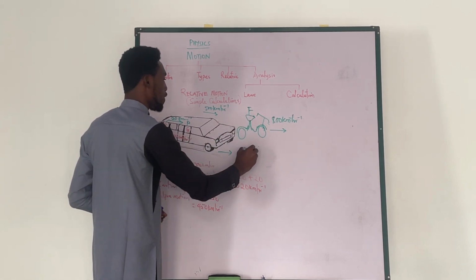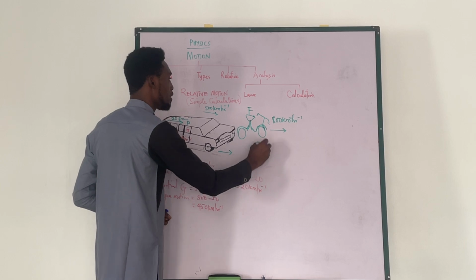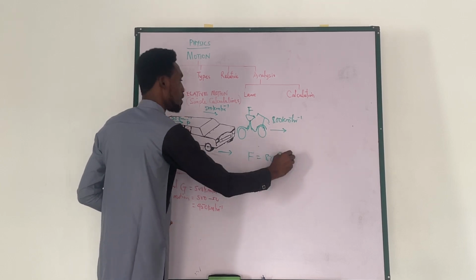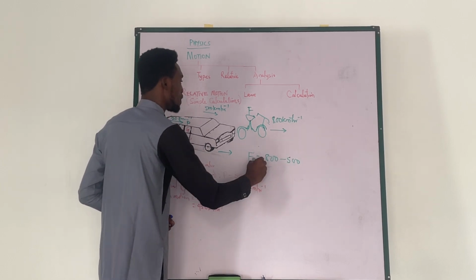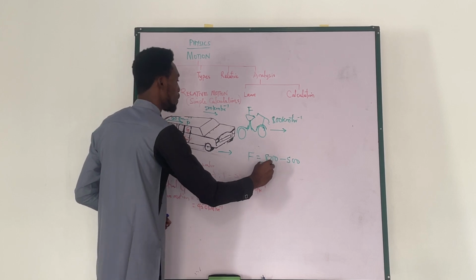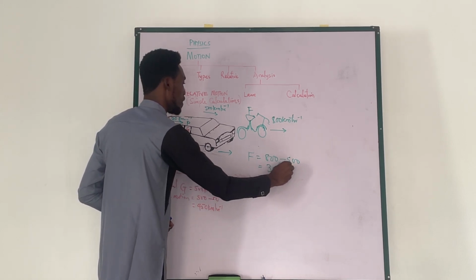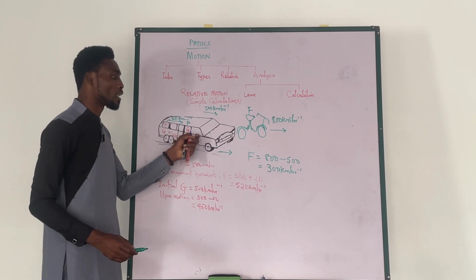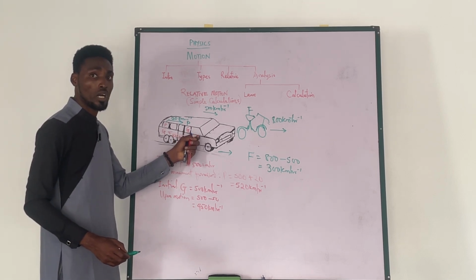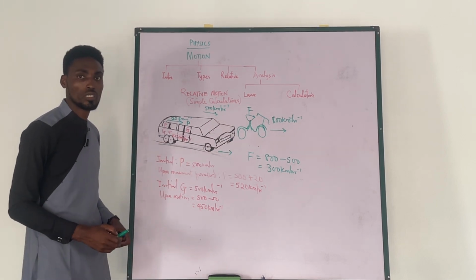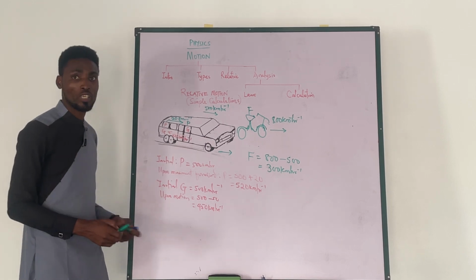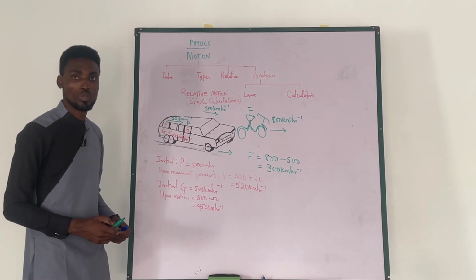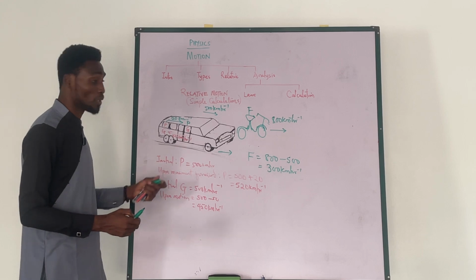So the guy in F is having 800 minus 500. So it is faster by 300. That means if this guy can increase his speed by 300 kilometers per hour, he can catch up with this guy. That's why you can overtake a vehicle. I hope that is really clear.